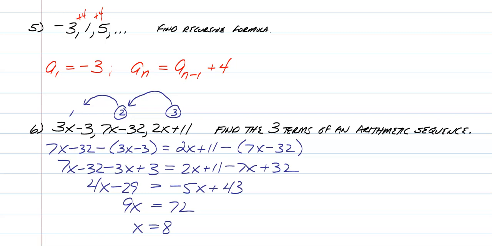Now all you have to do is substitute 8 back into your 3 terms. 3 times 8 minus 3 gives us 21. 7 times 8 minus 32 gives us 24. And 2 times 8 plus 11 gives us 27. That's how we find the 3 terms of an arithmetic sequence when they are all expressions.